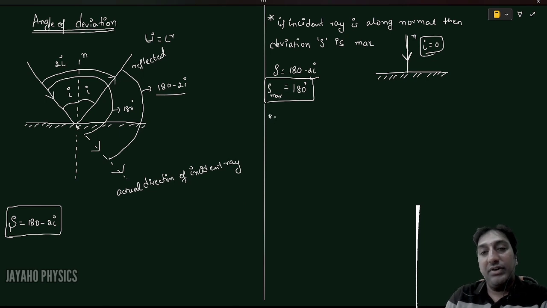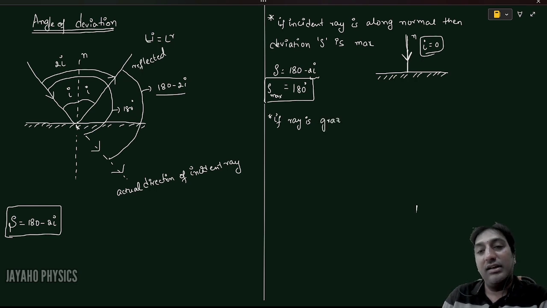Second condition: if the ray is just grazing on the surface. What is the situation?